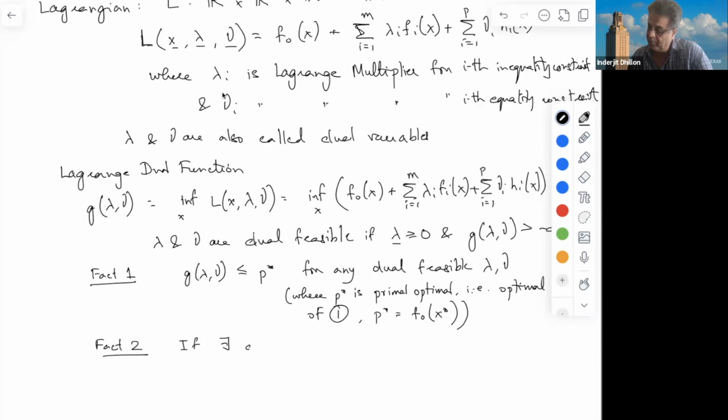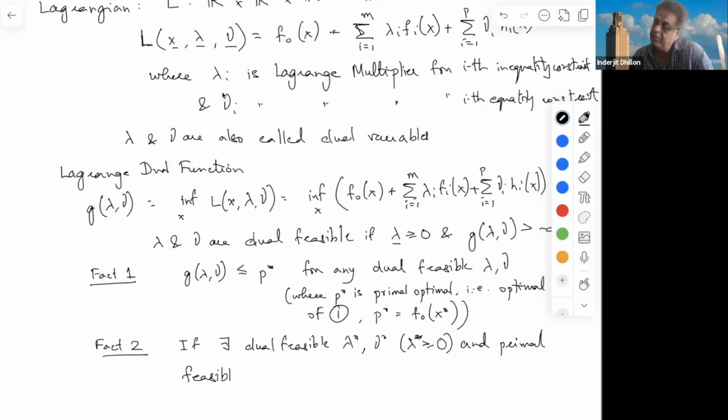So if there exists a dual feasible lambda star, nu star, and remember, this just means that lambda star is greater than or equal to 0, and a primal feasible x star, such that g of lambda star, nu star equals P star is equal to f naught of x star.